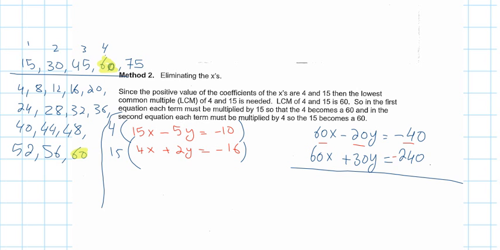And then negative 40 minus negative 240. Eyes on the board for a second. So what happens because I have two negatives after each other? Positive. So that's going to be negative 40 plus 240.